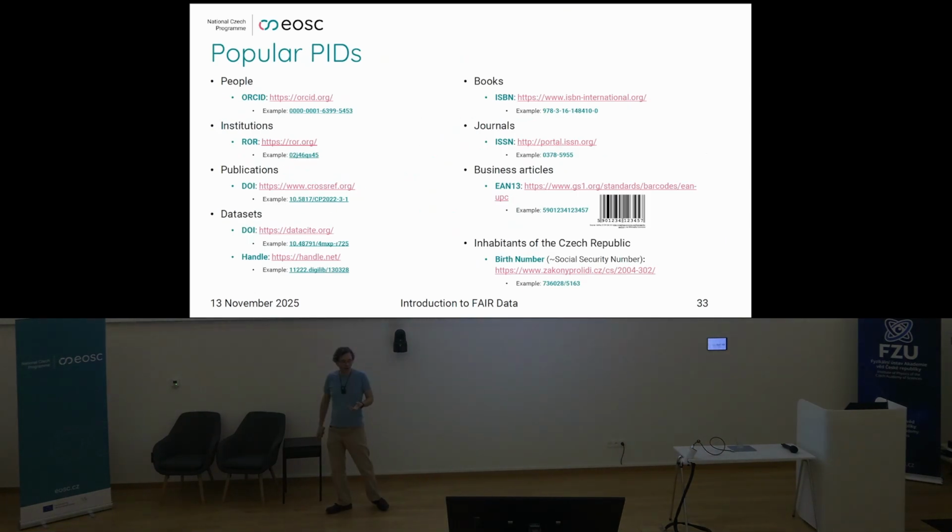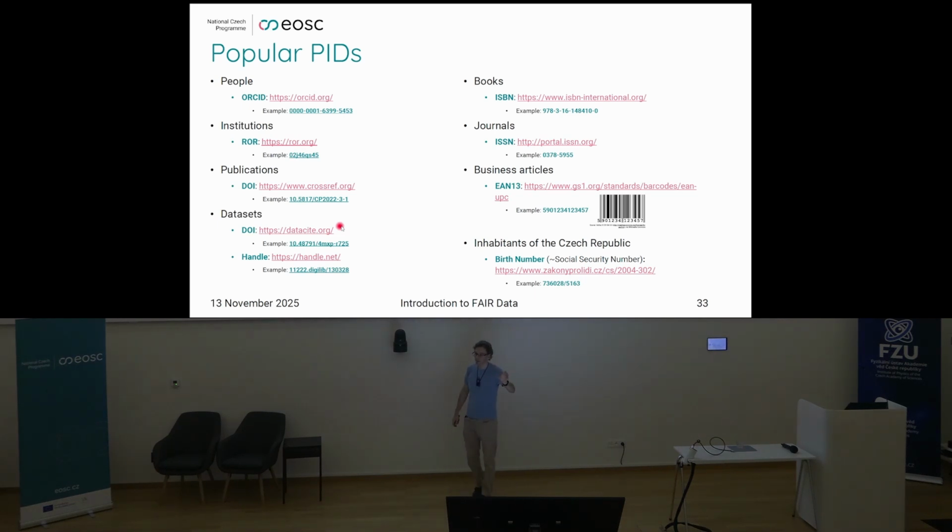Another examples for other things: institutions can be identified by so-called ROR, publications by DOI, we have seen it. By the way, DOI is a system that has multiple so-called registration agencies. The most famous ones are Crossref and DataCite, and both of them are assigning DOIs, yeah?